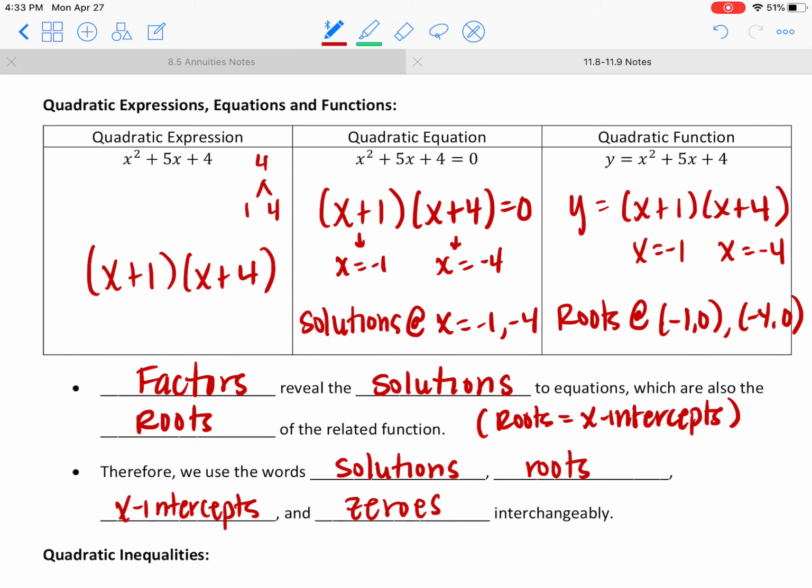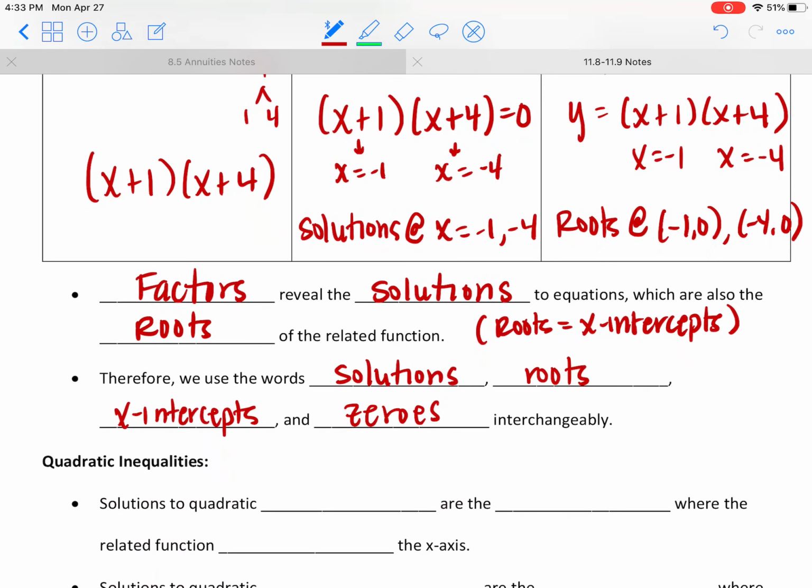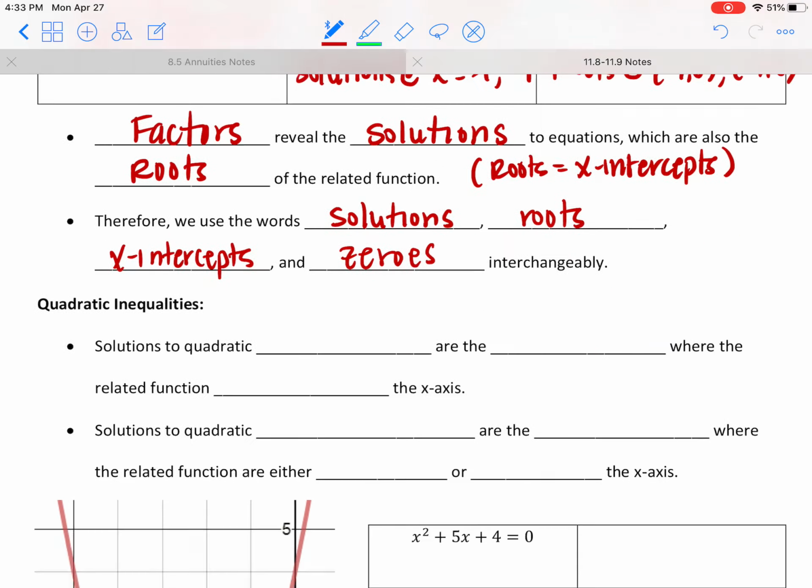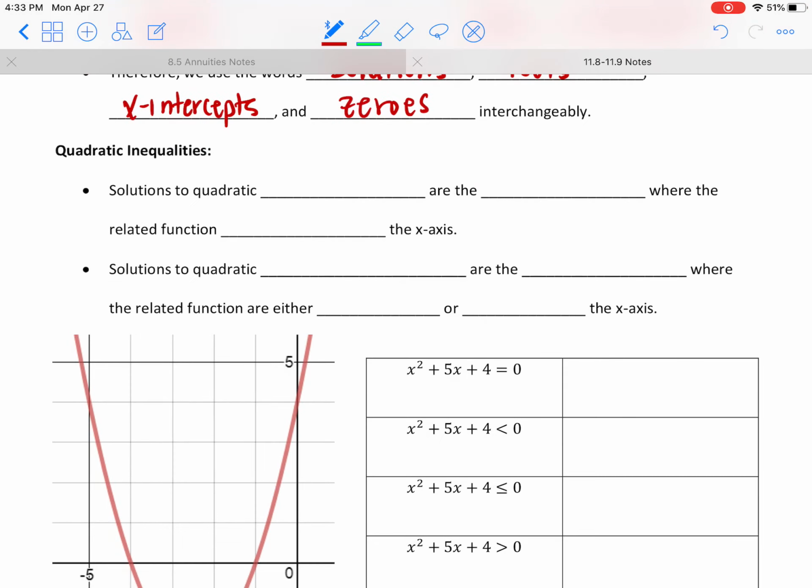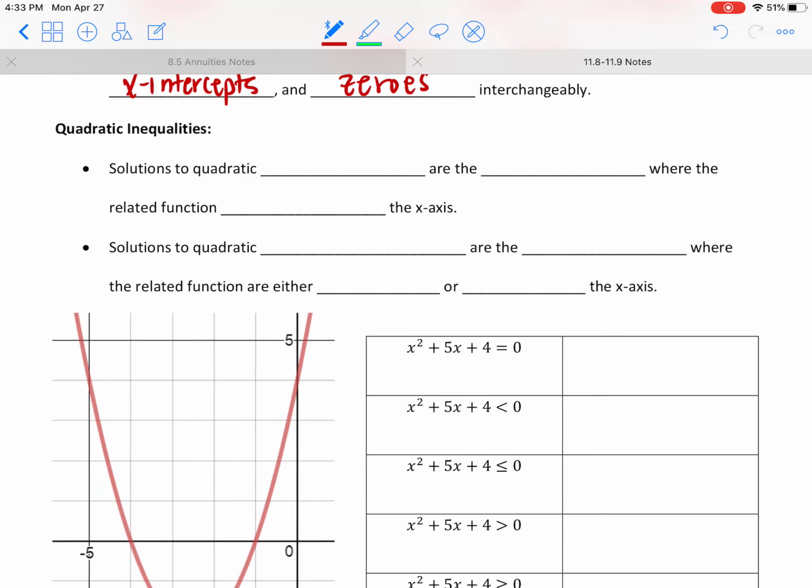All interchangeably, because they're all the same, they have the same values, right? They all are showing us the same thing. So these are all interchangeable words. If I said to find the solutions to a quadratic equation, that is going to be the same thing as finding the roots to the function, and that would be the whole point of finding the factors in the expression, okay? And all of those are the solutions, roots, x-intercepts, they are what zero out those factors.